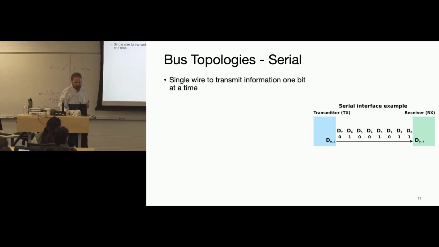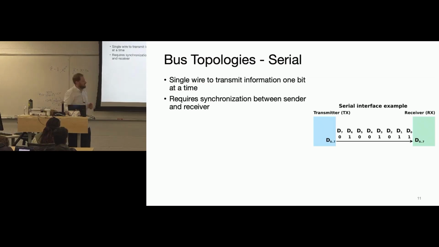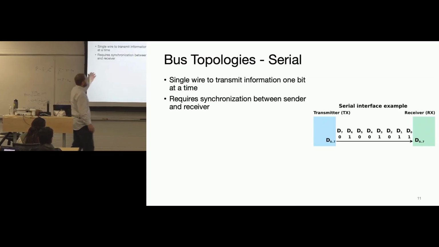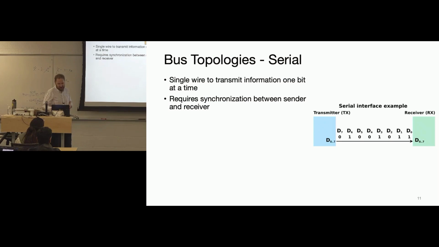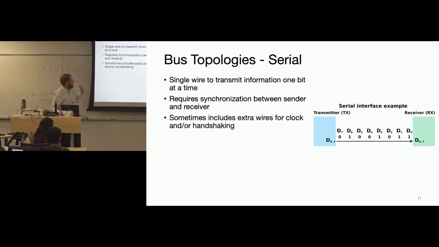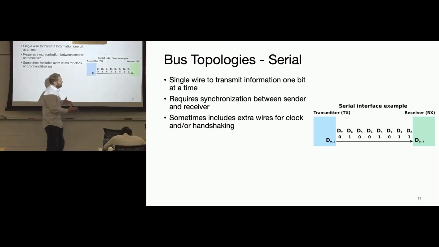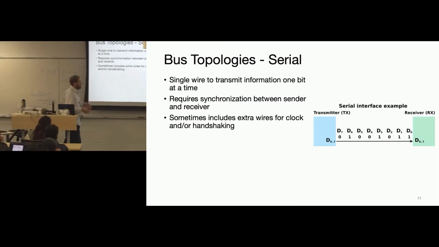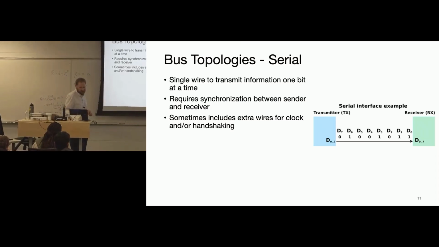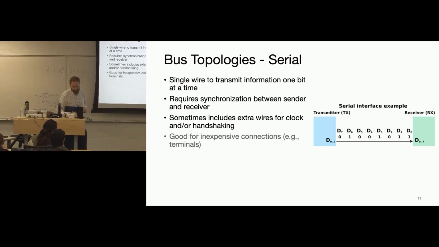So a single wire to transmit information makes things easy to implement. You're going to have some synchronization between the transmitter and receiver. I guess you'd still probably need that in some version for the parallel bus, but in this case you'll need an extra wire for the clock. We don't concern ourselves too much with that in the parallel case because there are so many wires anyway, an extra wire for a clock is not that big a deal.